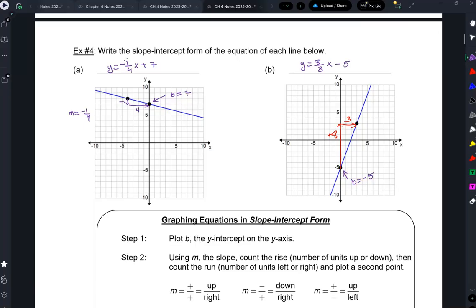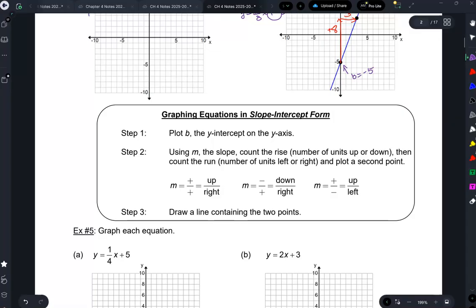Good. Because it'll be plus negative 5, right? So it should have been 8 over 3x plus negative 5. But plus and minus together, that's minus. Right? So this will be minus. Because you have to simplify.